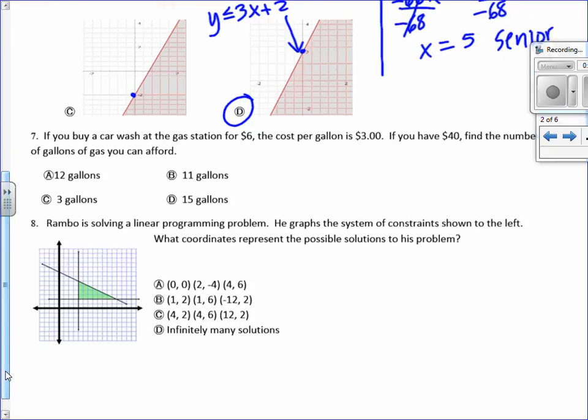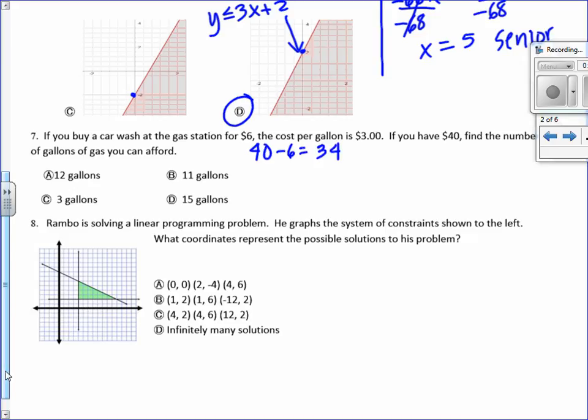Number 7 says if you buy a car wash at the gas station for $6, the cost per gallon is $3. If you have 40 bucks, find the number of gallons you can afford. So there are two different approaches you can take to this problem. The way I looked at it was, well, you have to buy the car wash. So if you've got $40 and you buy the car wash, that leaves you with 34 bucks.